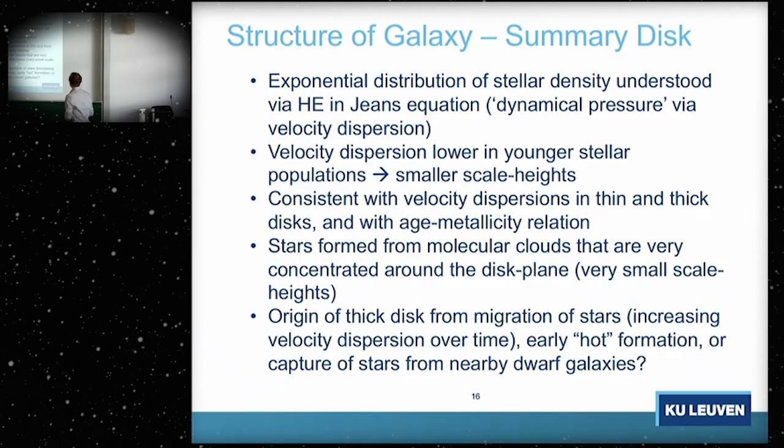And then we also have the role of capture of stars from nearby dwarf galaxies. As we know, for example, our Milky Way is currently eating the Sagittarius galaxy, right? So we're capturing stars, and those can then lead to higher velocity dispersions. They settle into the disk, but with higher velocity dispersions because of mergers. And there isn't, I guess, any clear consensus on this.